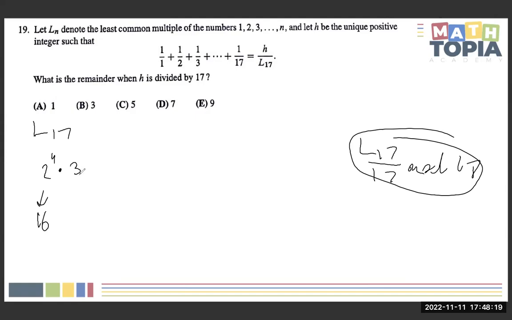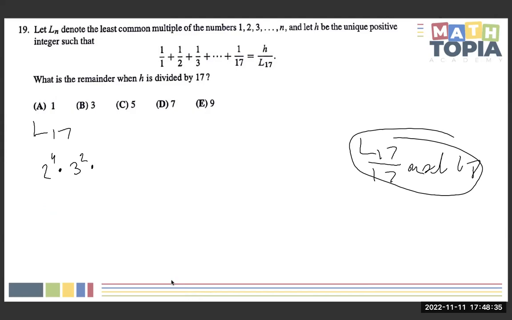Now we move on to the next prime number, which is 3. The highest power of 3 that stays less than or equal to 17 is 9, which means 3 squared is part of our product. And this all makes sense, because we're looking for a prime factorization like this.